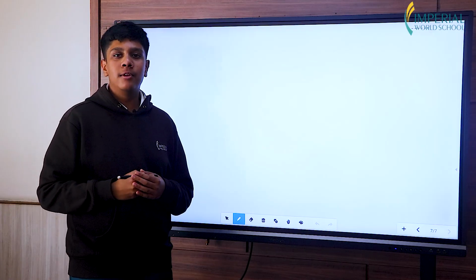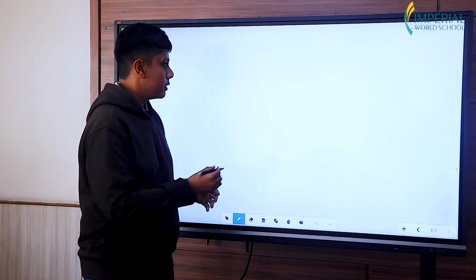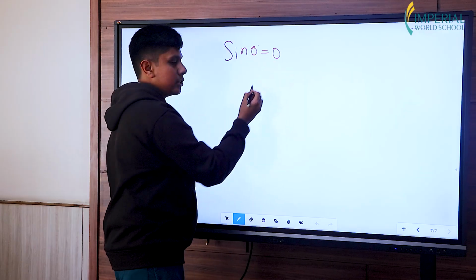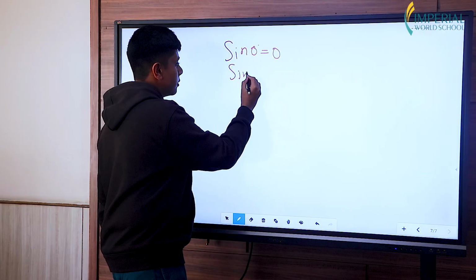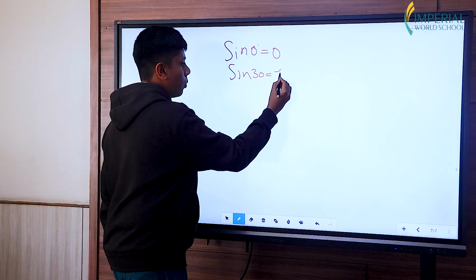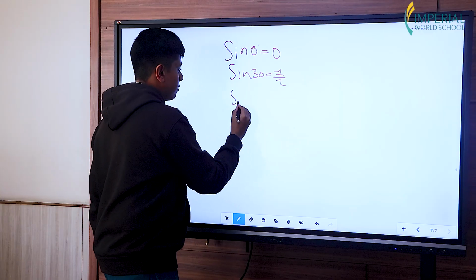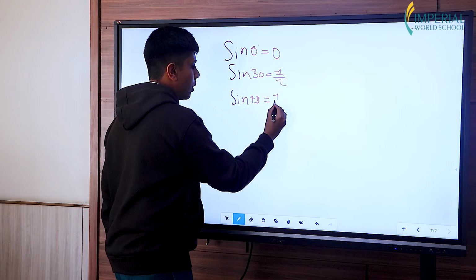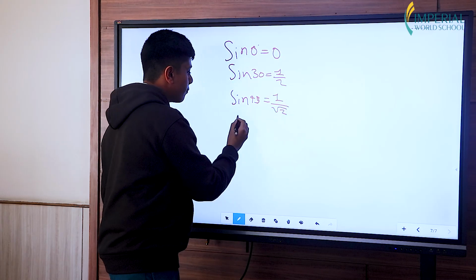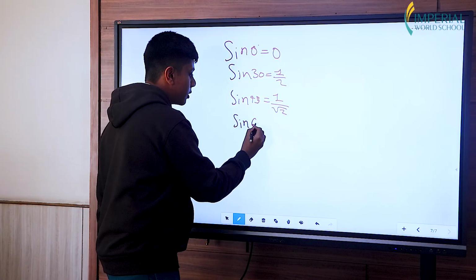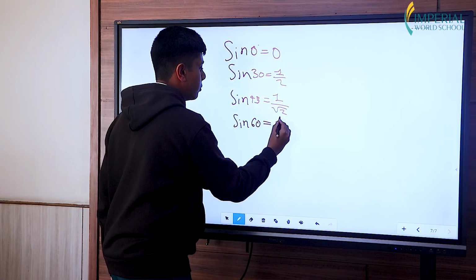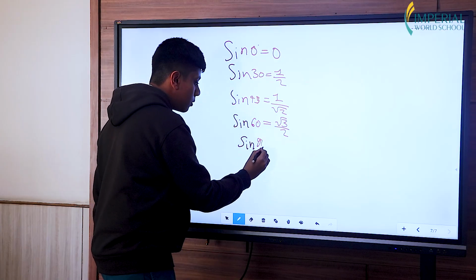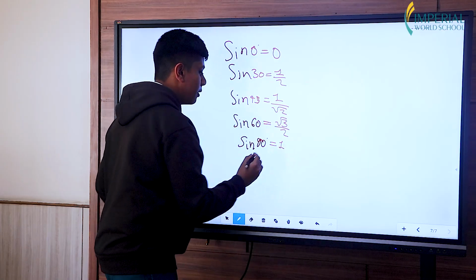So we found the values of sine 0 to 90. As a recap, sine 0 degree is 0, sine 30 degrees is 1 by 2, sine 45 degrees is 1 by root 2, sine 60 degree is root 3 by 2, and lastly sine 90 degrees is 1.